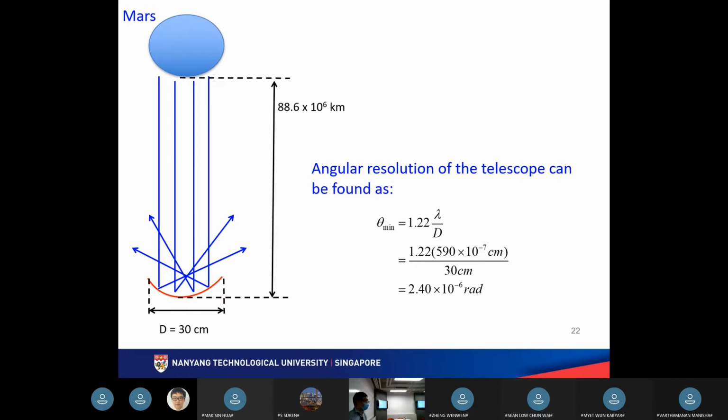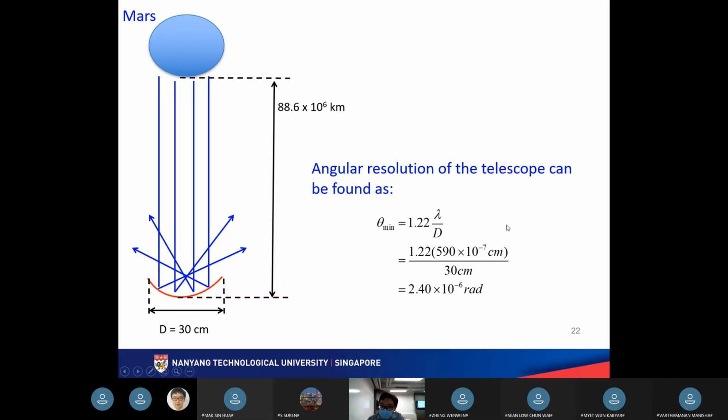How many ways can we increase the resolution? Any idea? Give me an answer. Theta or lambda?